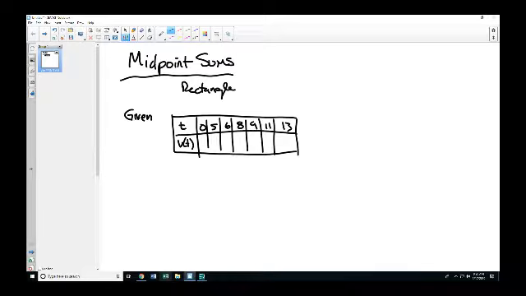So you're given a table with values in it. I'll just make it easy.